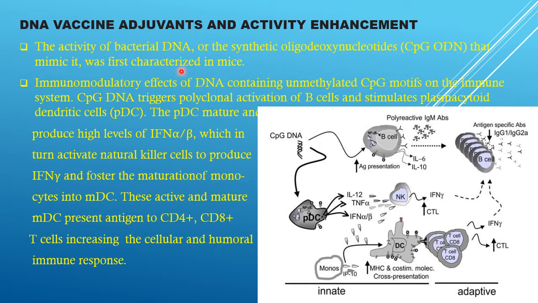The activity of bacterial DNA, or synthetic oligodeoxynucleotide, which is known as CpG-ODN, mimics it and was the first characterized. These CpG-ODN molecules are one of the enhancement agents for DNA vaccines.